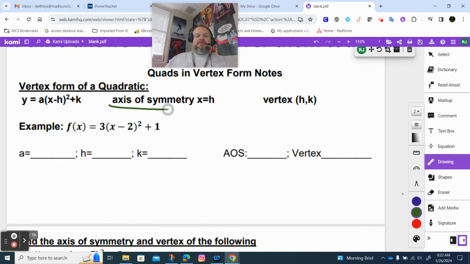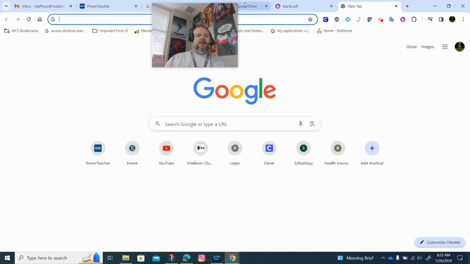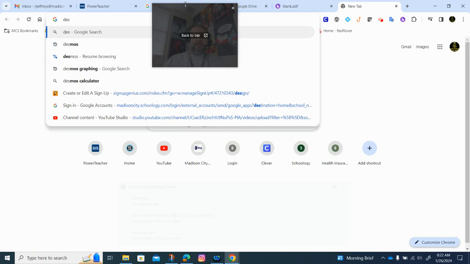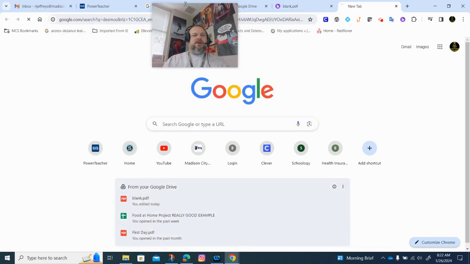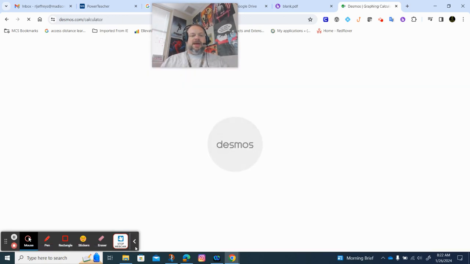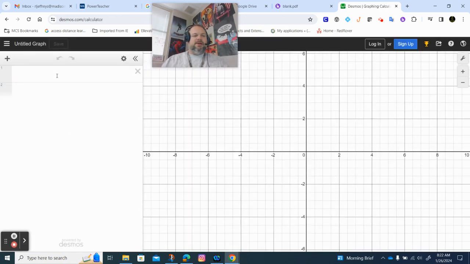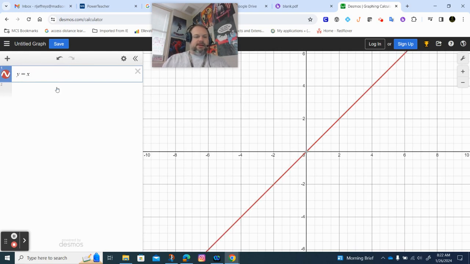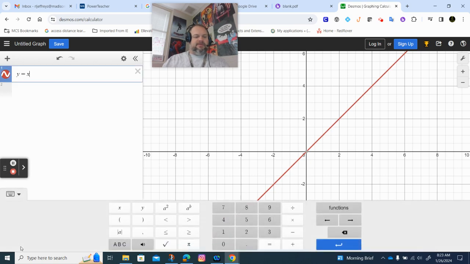Axis of symmetry. Our graphs for these things look like a U. And an axis of symmetry is like an invisible line that cuts it in half.